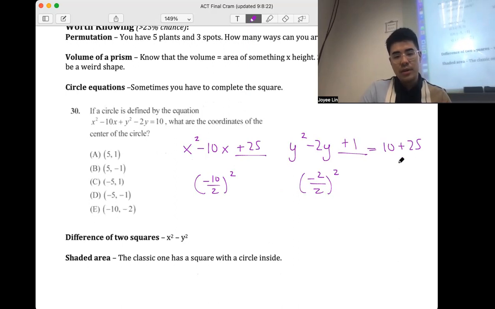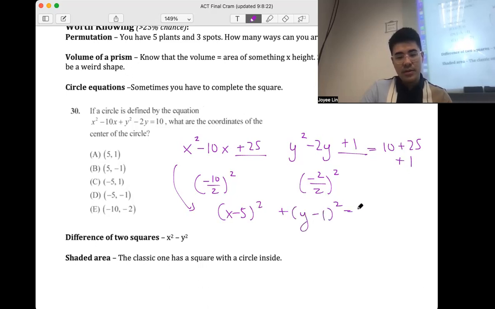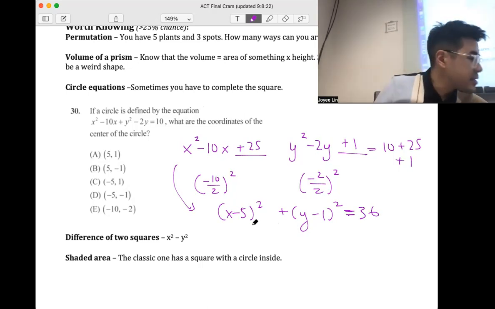So we add 1 here, add 1 here. (x minus 5) squared plus (y minus 1) squared is equal to 36. If they give you the equation, then it's very likely better to sketch it, right? Anybody have questions on this one?